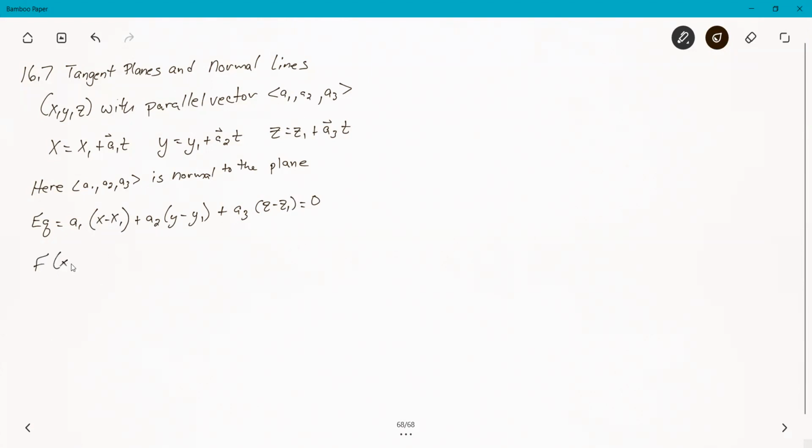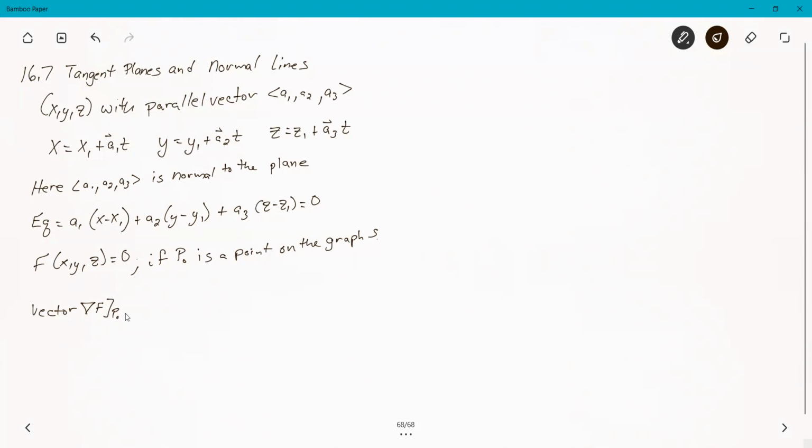Where our f of x, y, z is equal to 0, if some p naught is a point on the graph S, our vector is going to be our gradient of f evaluated at that p naught.